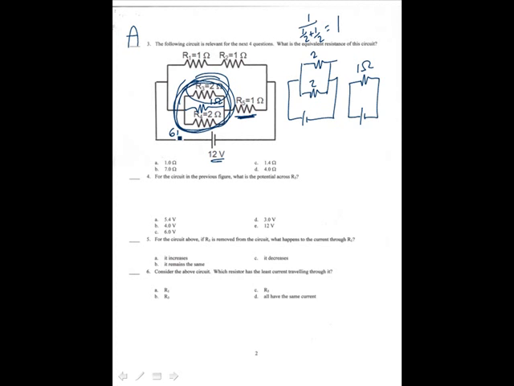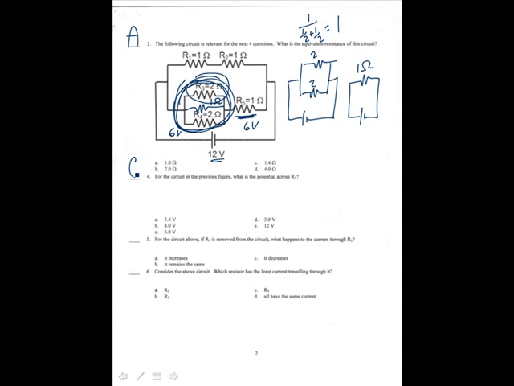So I get 6 volts across this branch and 6 volts across this resistor. So since I have 6 volts across that parallel branch, then I also have 6 volts across R3 because they're in parallel. So the answer for number 4 is C.